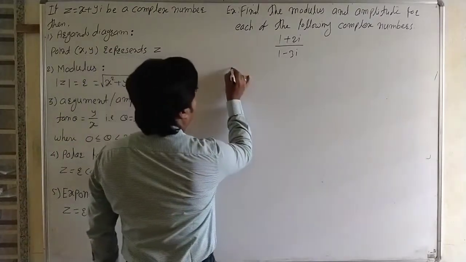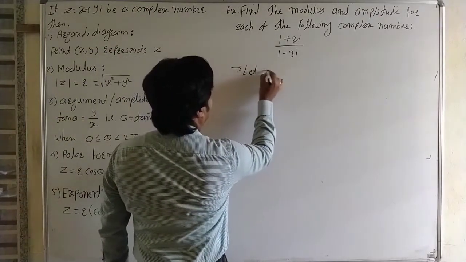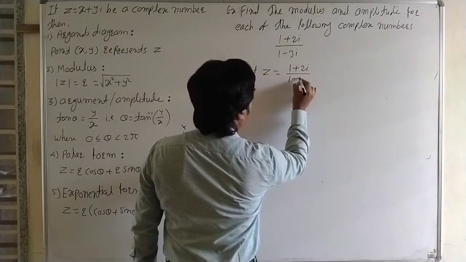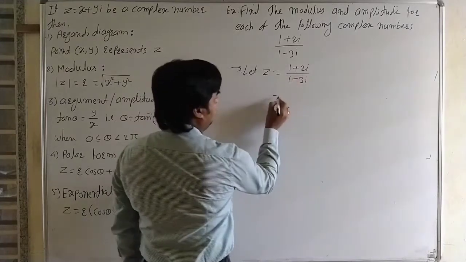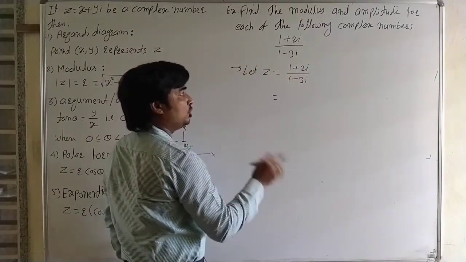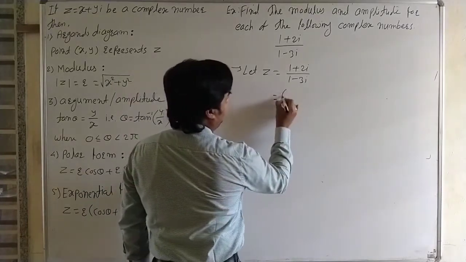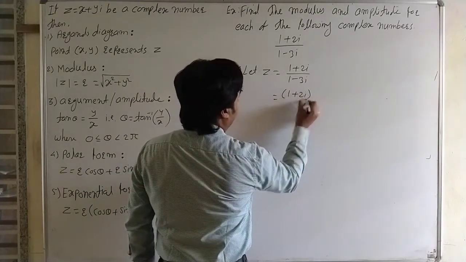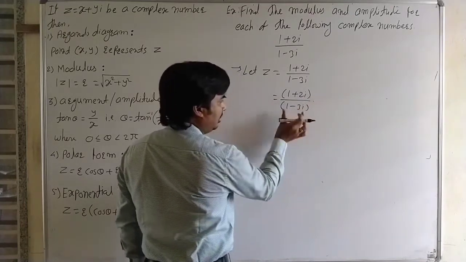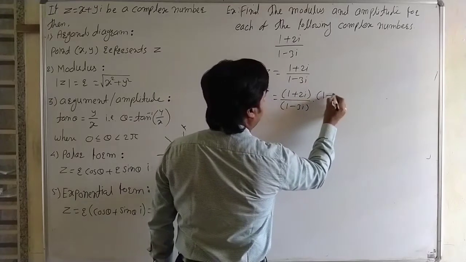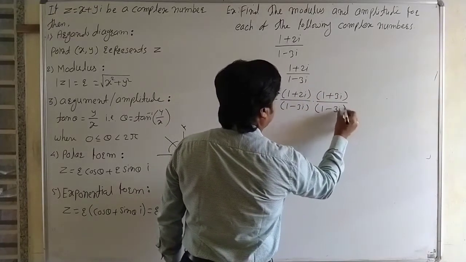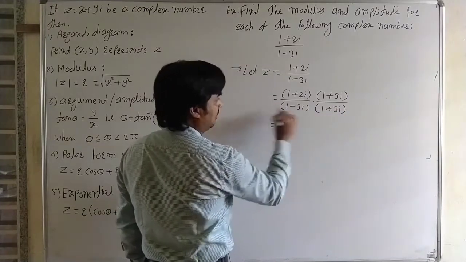Here let z is equal to 1 plus 2i upon 1 minus 3i. Then for division we multiply numerator and denominator by the conjugate of the denominator, that is 1 plus 3i. Then take the multiplication.